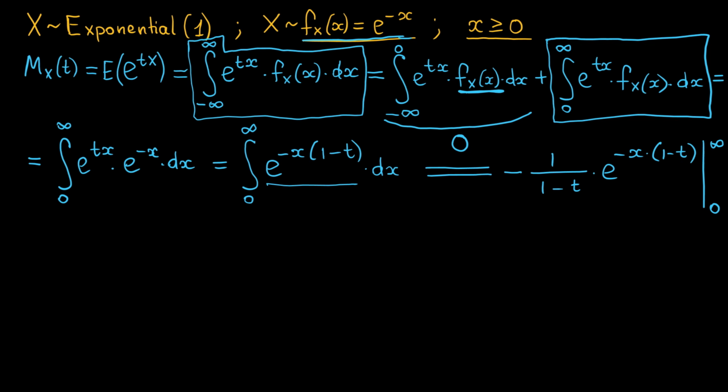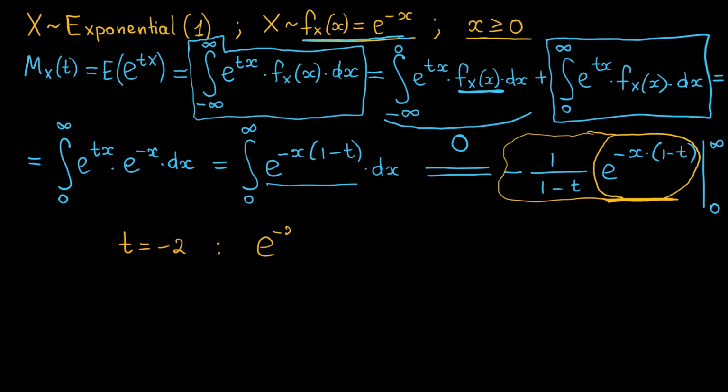Now this is the place where we need to be very careful. So let's take a moment to study this expression for 3 different values of t. In particular, it's this exponential term on the right that will be tricky, so let's study that one in isolation. When t equals minus 2, that exponential term becomes e to the power minus x times 1 minus minus 2, which is 1 plus 2, and so what we get is e to the power minus 3x.